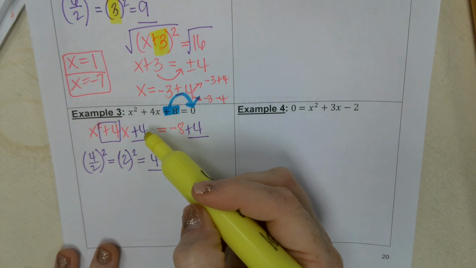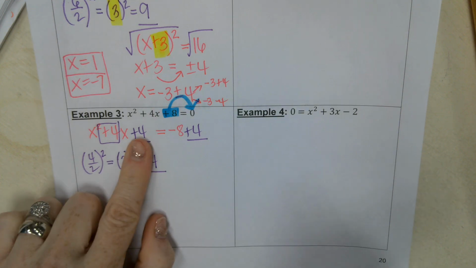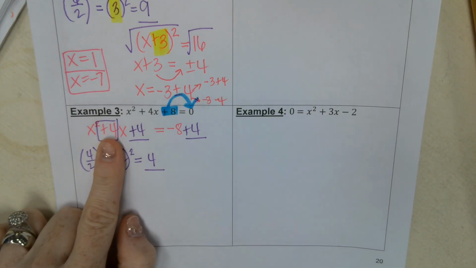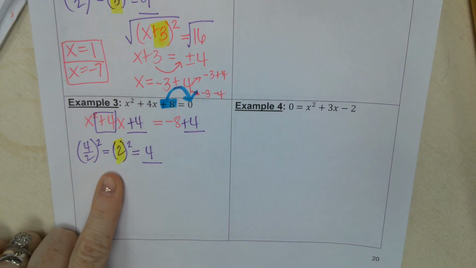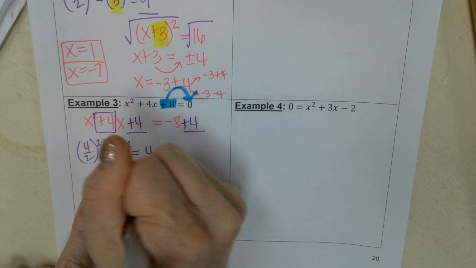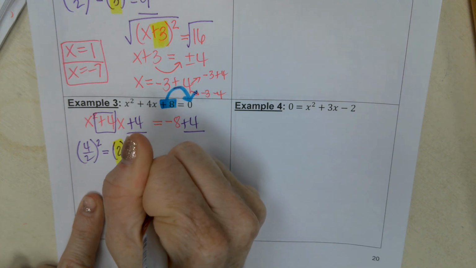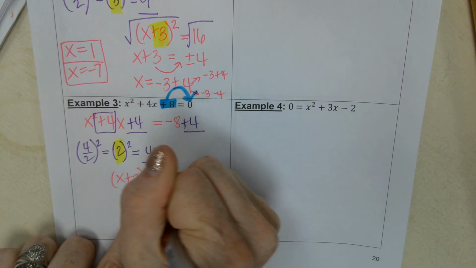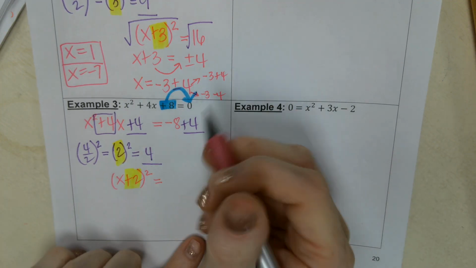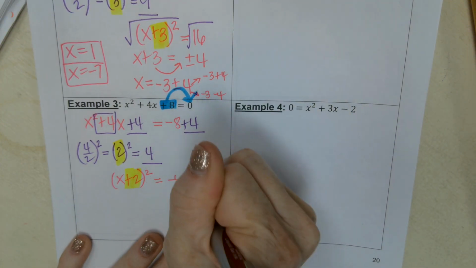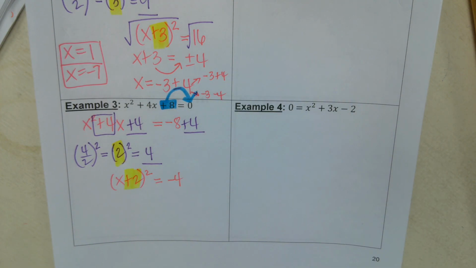Now when I factor this, the two numbers that multiply to give me 4 and add to give me 4 are 2 and 2. Well, that was the number that was in my parentheses. So this factors into x plus 2 and x plus 2. So I'm going to write it as a square. Let's see, -8 plus 4 is -4.